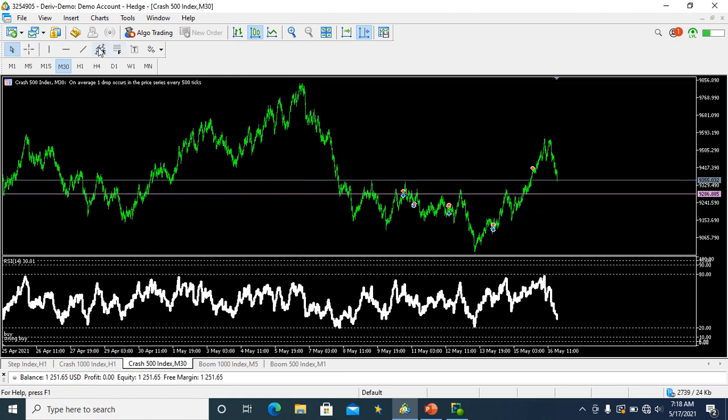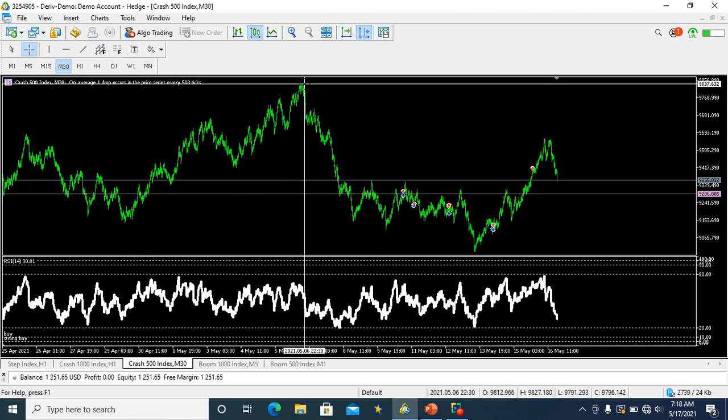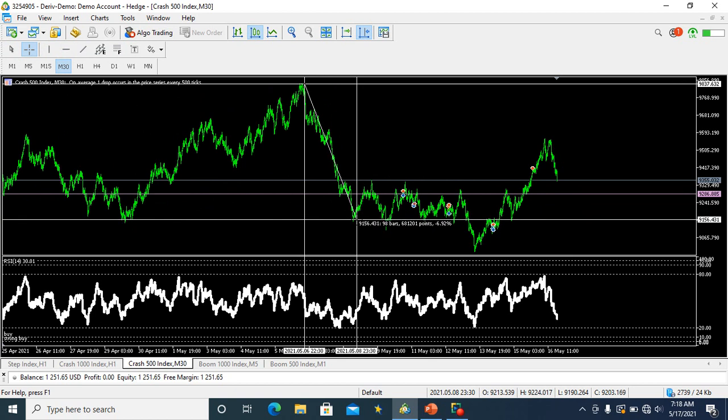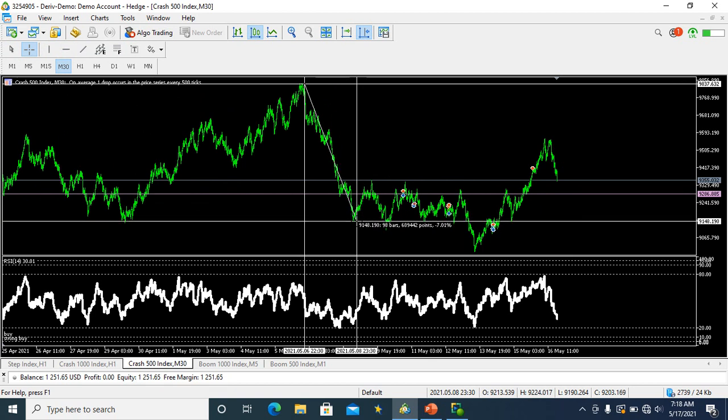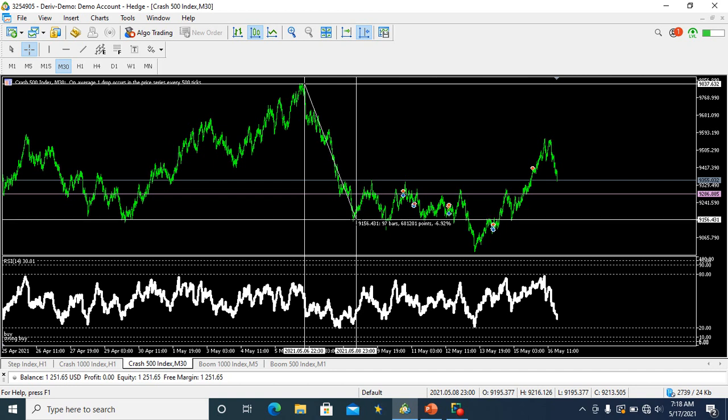But when it's crashing down, it doesn't take that much. It just crashes. If you want a quick income, you should trade the crash in the direction of the parameter, and this is just 97 bars, the same distance.